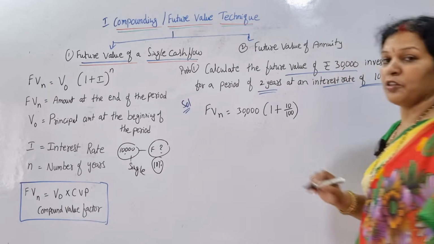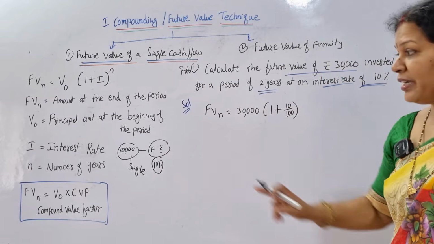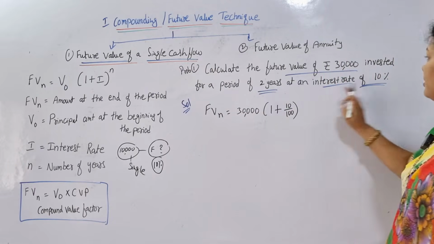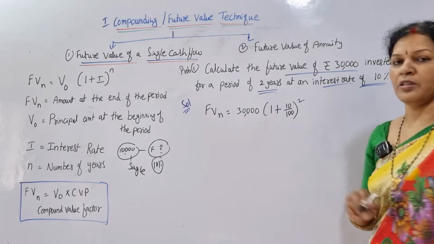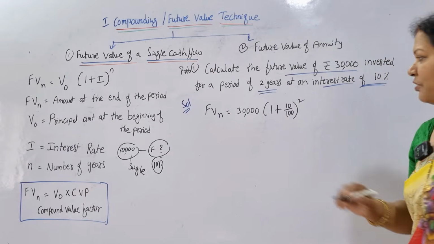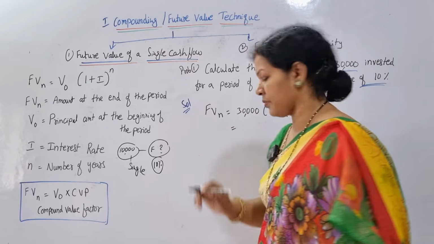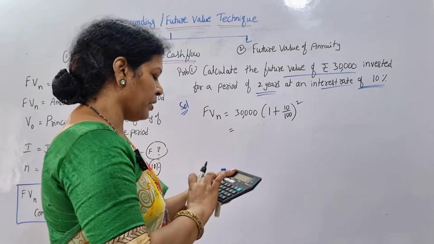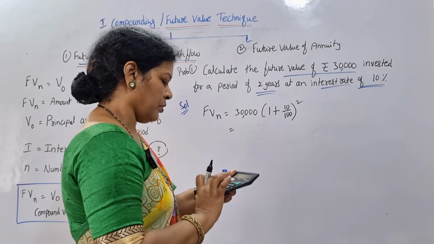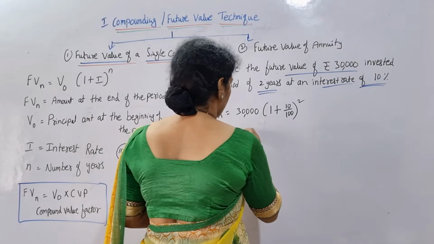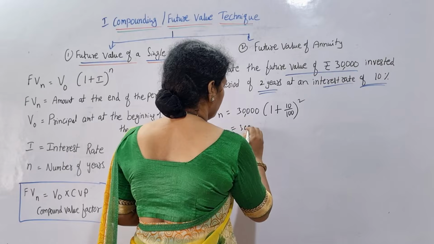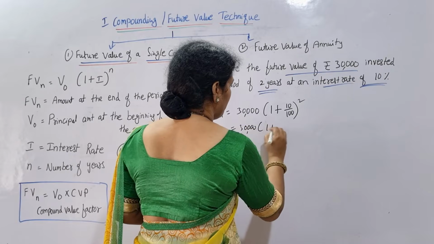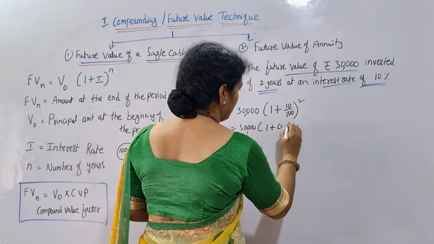To the power of n, where n means the number of years, which is 2 years. Let's go for the calculation. 10 by 100 comes to 0.1. So 30,000 into (1 plus 0.1) to the power of 2.